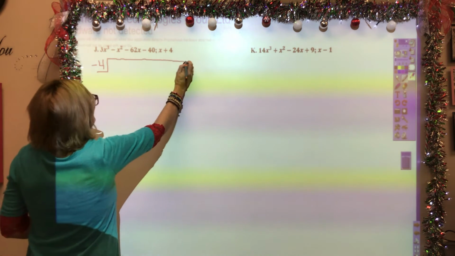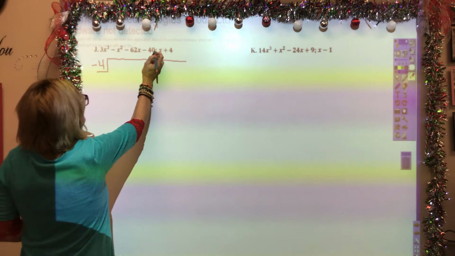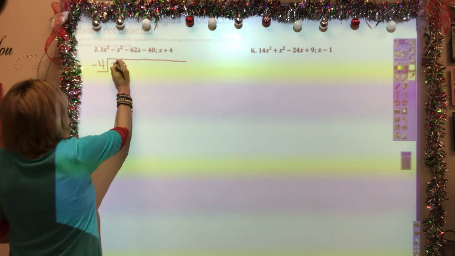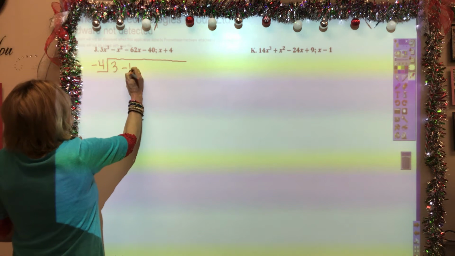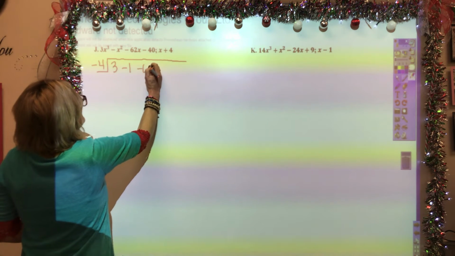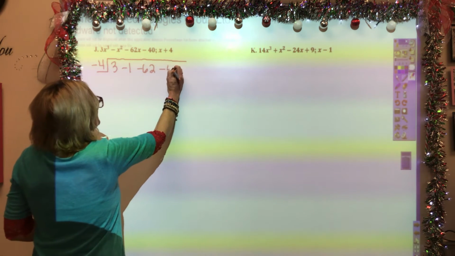Our powers are descending: 3, 2, 1, 0. Our coefficients are 3, -1, -62, and -40.